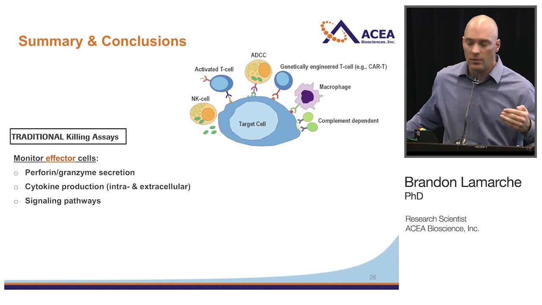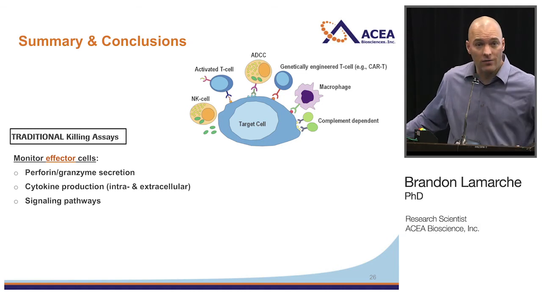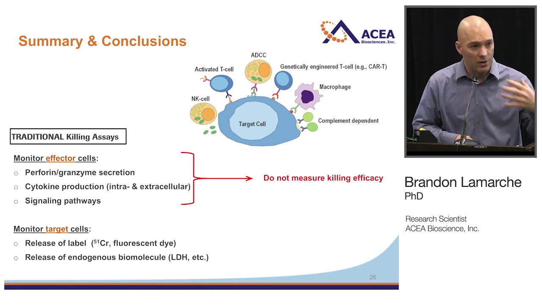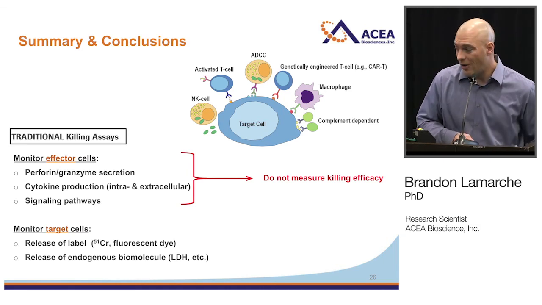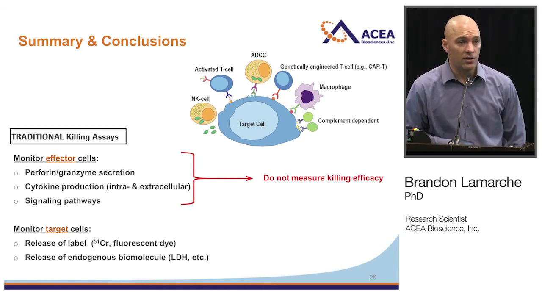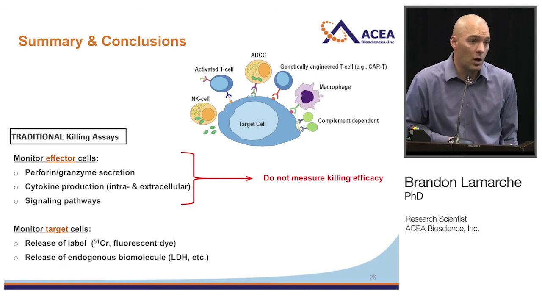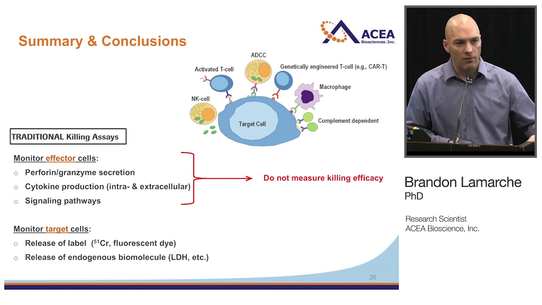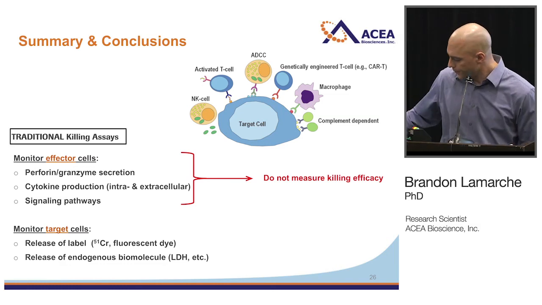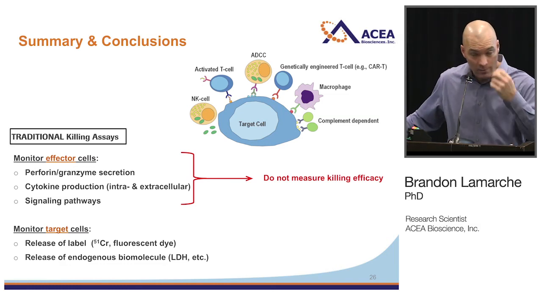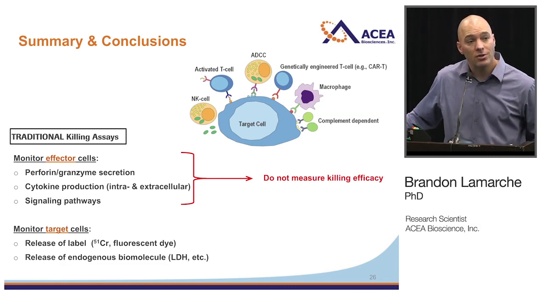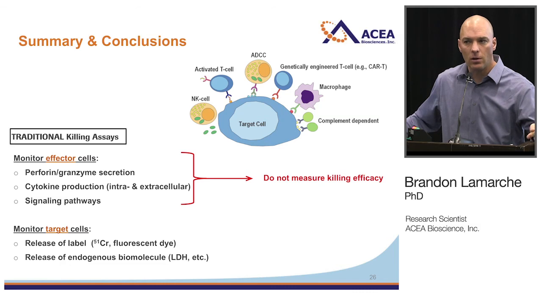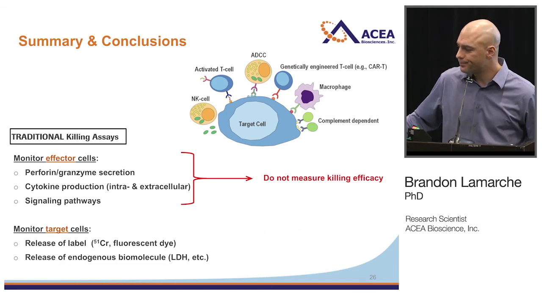But something you need to be aware of is that these biochemical reductionistic approaches very often do not even correlate with how well these cells kill target cells. That's been borne out over and over again in the literature. I'm not saying those biochemical approaches are not useful, but if the end goal is to find a treatment that's the most effective killer, that's not your best approach.